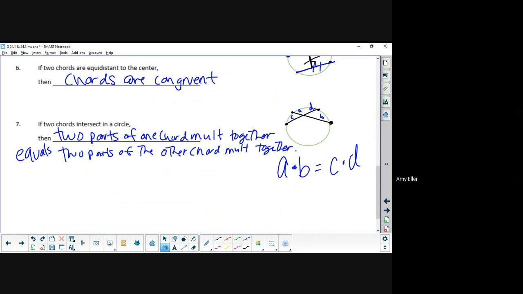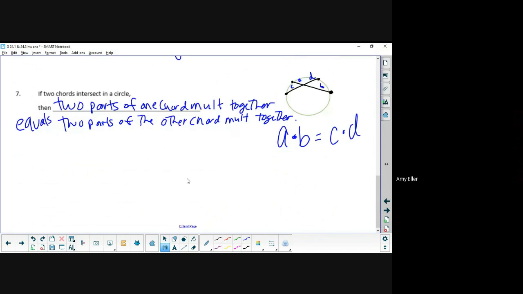All right, we have to add one more on the back. I don't think there's room at the bottom. Theorem number 8.